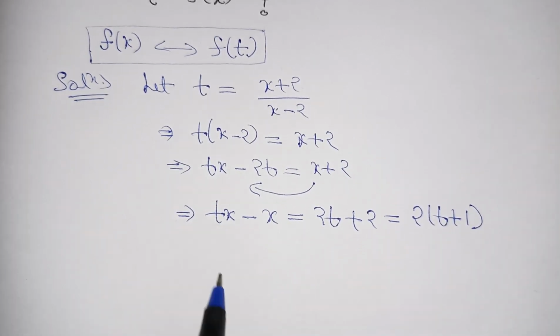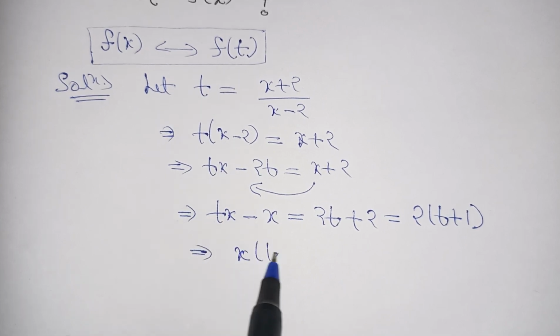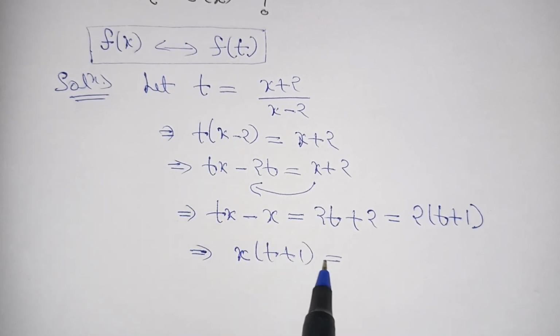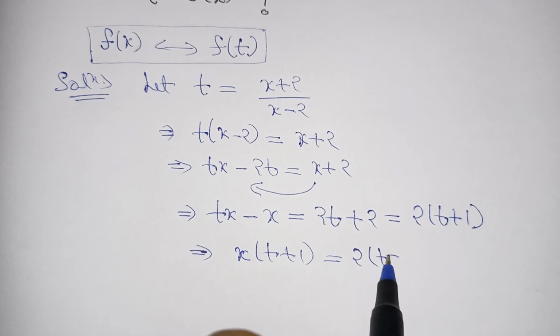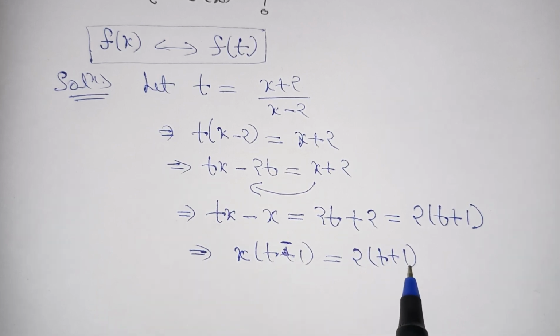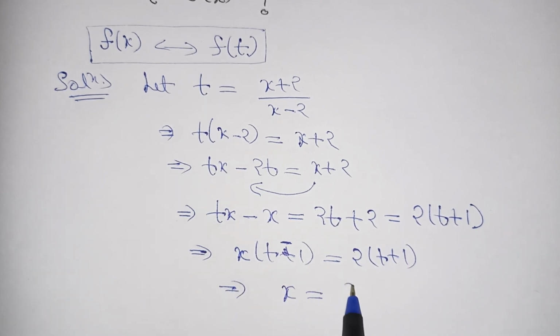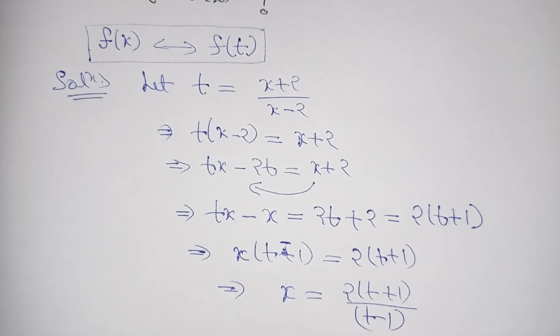Now taking x common we have x into (t minus 1) equal to 2 into (t plus 1). Then we have the value of x equal to 2 into (t plus 1) by (t minus 1).